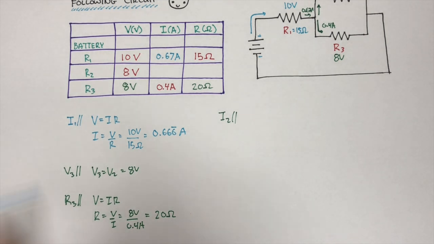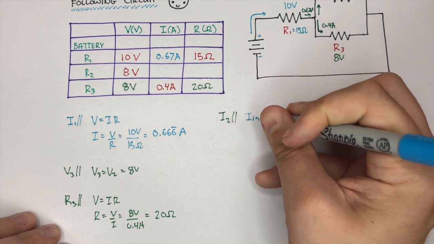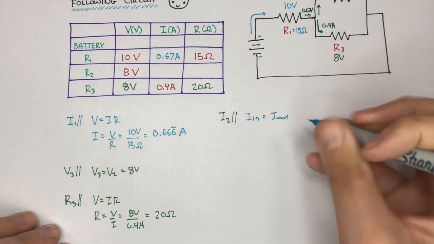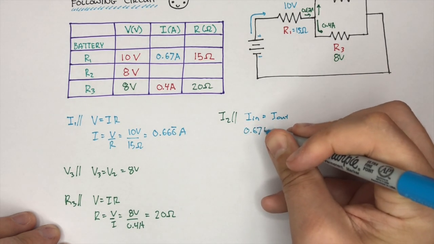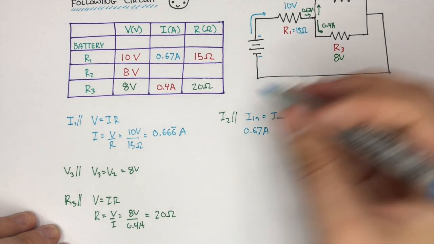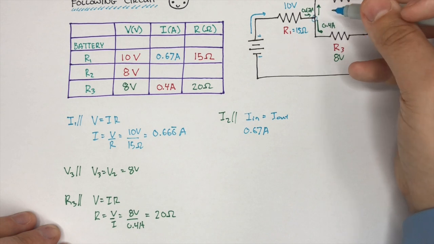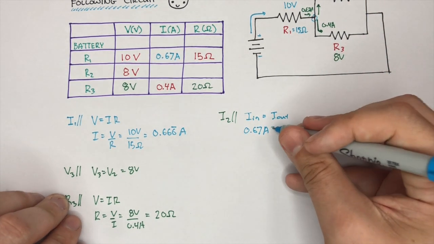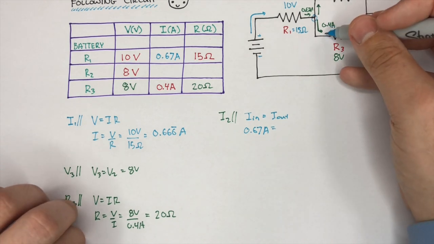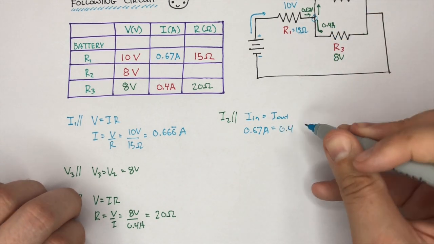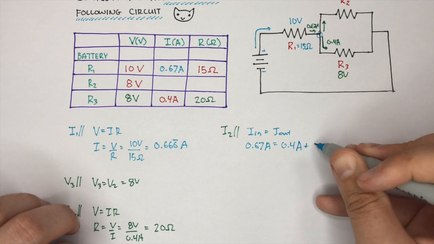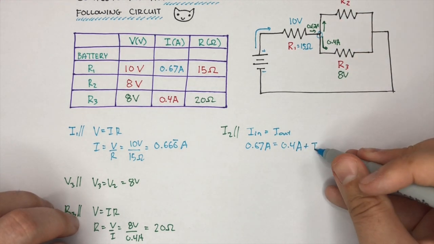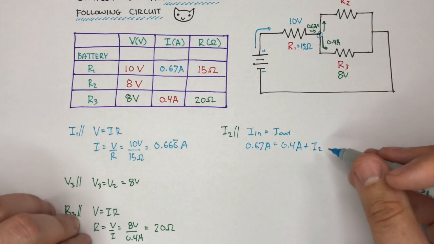Well, the current in is going to be equal to the current that comes out. So 0.67 amps, or 0.666, goes into this junction right here. That's going to be equal to the 0.4 amps that comes out plus the unknown current across resistor number 2.